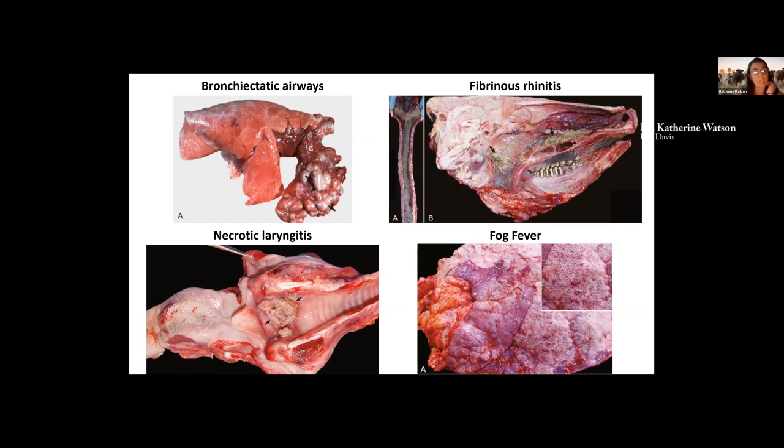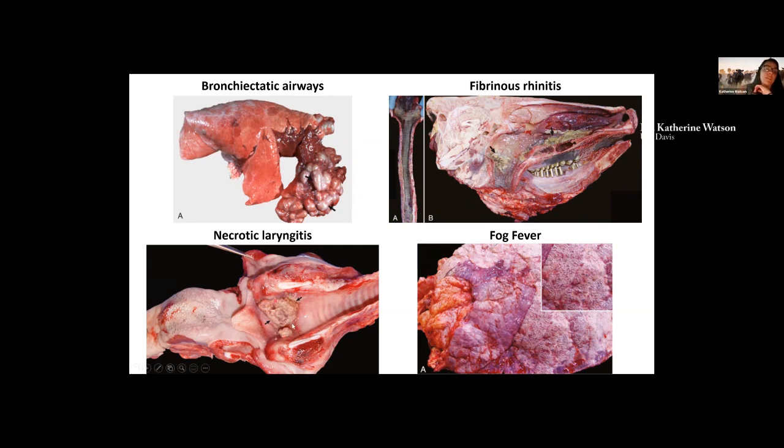All right, some of the other things that you might experience in your herd are what we call necrotic laryngitis. This is really common in calves. So as they get bacterial infections, this is the epiglottis. This separates the esophagus from the airway to prevent us from aspirating any food. At that region, if you get swelling of the tissues surrounding that, they hit against one another. And when they hit against one another, they abrade the surface. So they slough off some of the protective surface, what we call the mucosa.